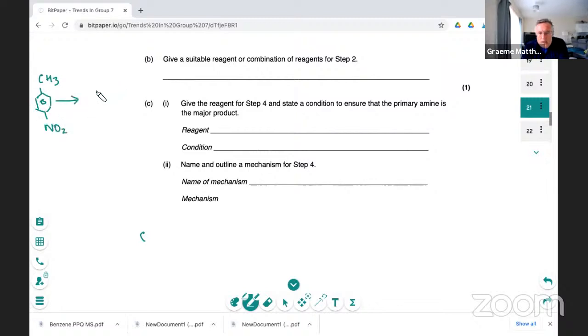It's being reduced down to an amine like this, an NH2 group. So what I'm thinking is, yes, this is a reduction.